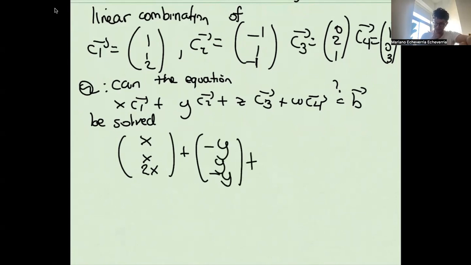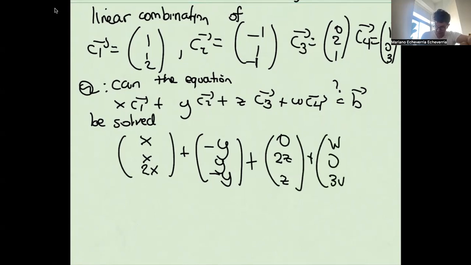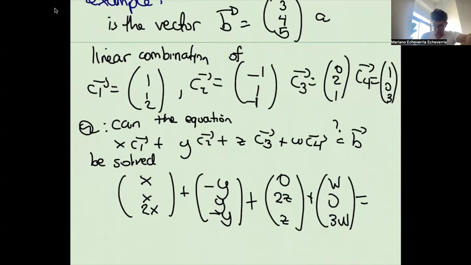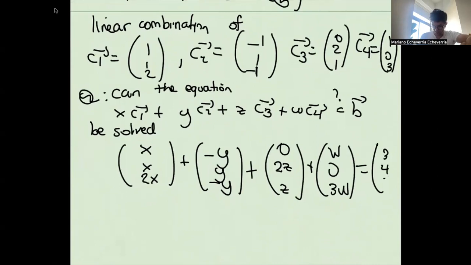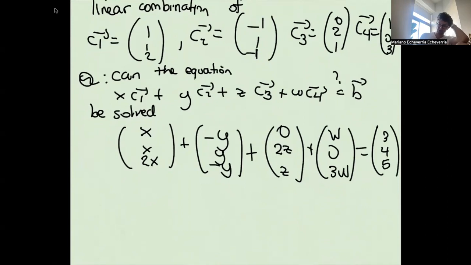What is zc3? It is 0, 2z, z. And wc4 is w, 0, 3w. And B is 3, 4, 5. Is that making sense? When you multiply each vector by the variable, that's what each vector becomes. I'm just putting the variable back inside each entry.